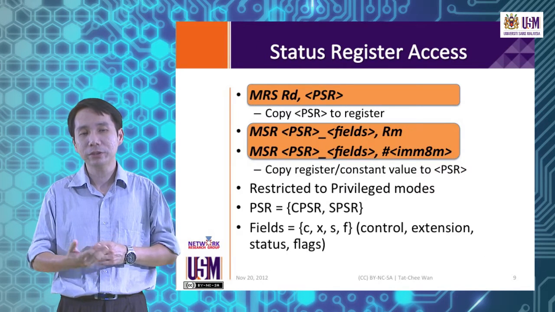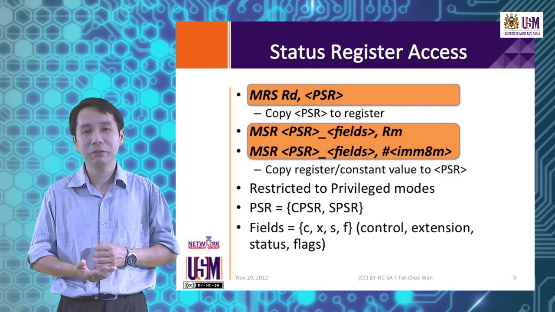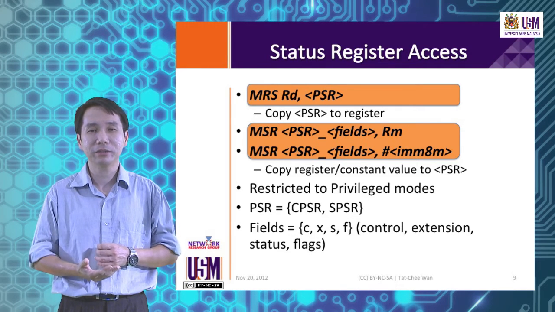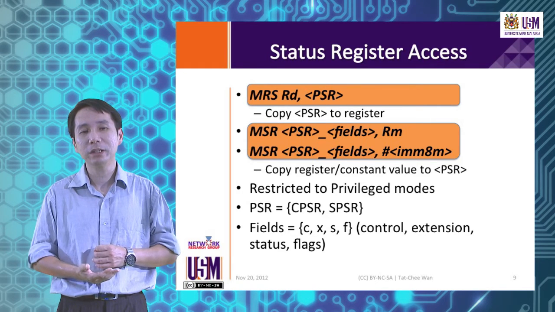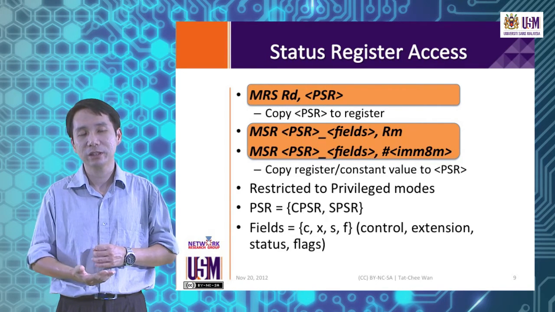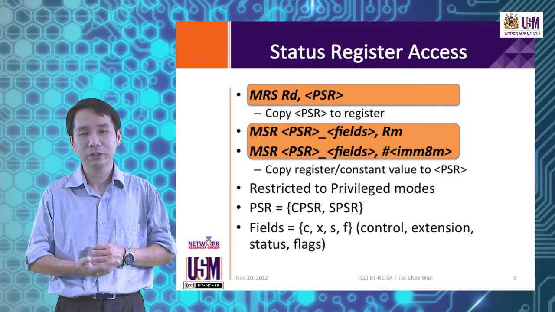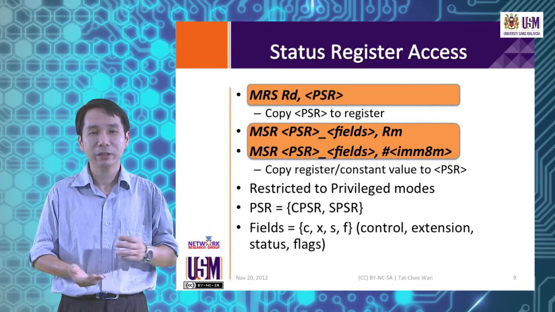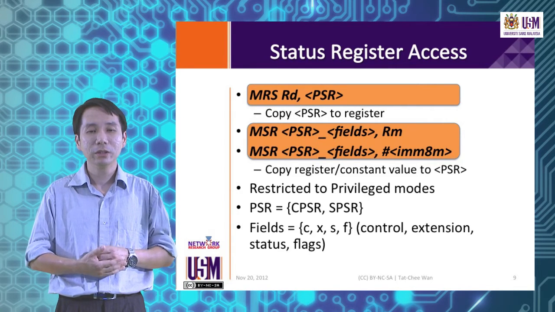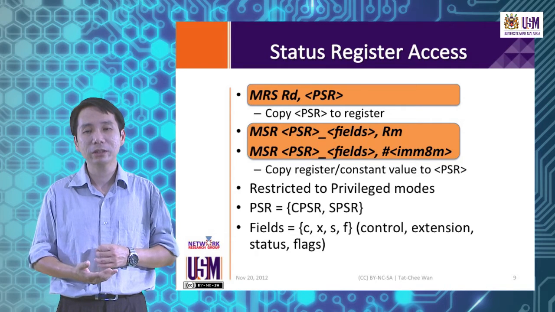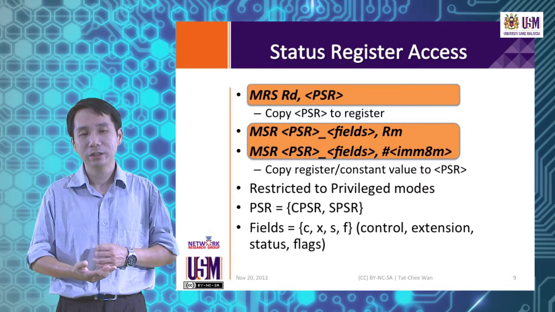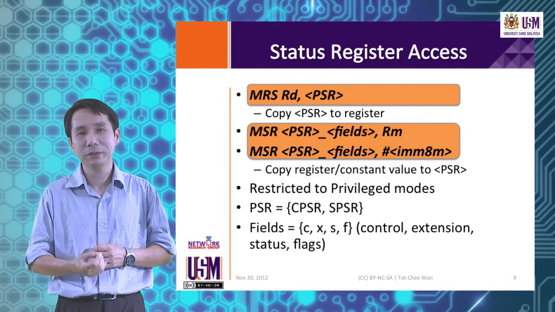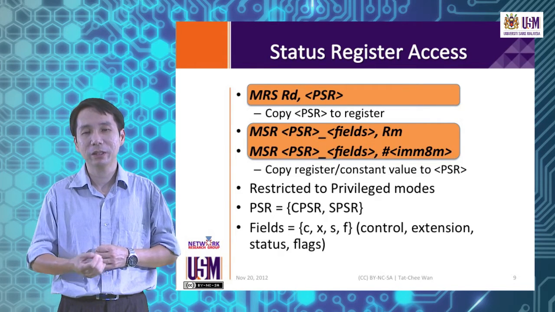Now, there are two instructions, MRS and MSR, which allow us to manipulate the status register in the processor. MRS will copy the value of the processor status register into a register Rd, whereas MSR will copy the register or constant value into the processor's status register, but we have to specify the fields of the processor that we want to update.